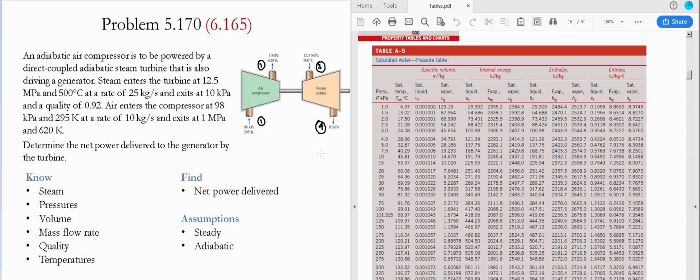On the other hand, point 4 provides us a value of quality, which indicates that it is a saturated mixture. Therefore, we need to go to table A5. Since pressure is the quantity that is provided, we have 10 kilopascals, and for that, we find that the value of hf is 191.81 and hfg is 2392.1, both in kilojoules per kilogram. We use those two values and the quality of 0.92 to find the value of the enthalpy at point 4.